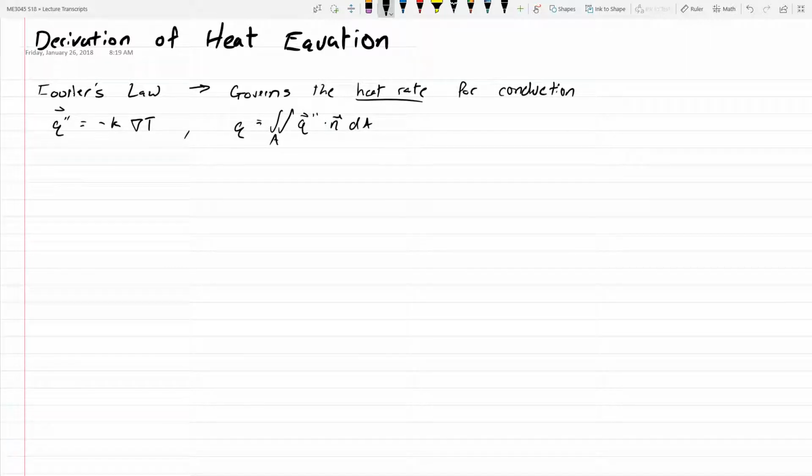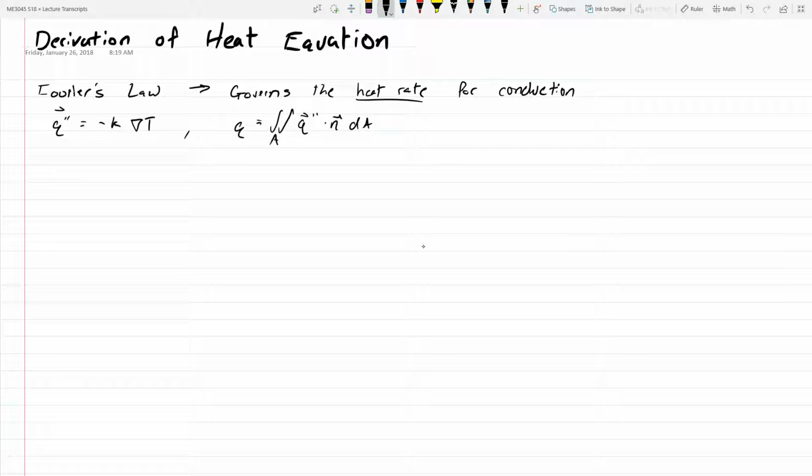Using this, if you know the temperature distribution, you can find grad T and figure out the heat flux, and you've got your problem solved. It's just a matter of taking partial derivatives.